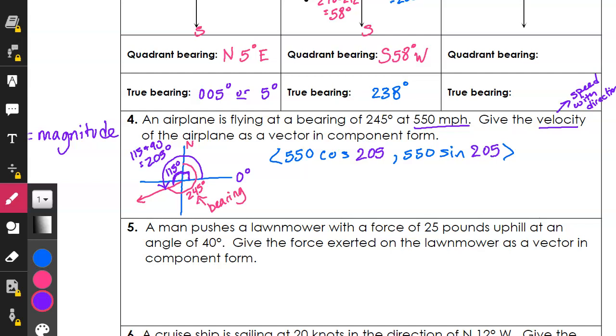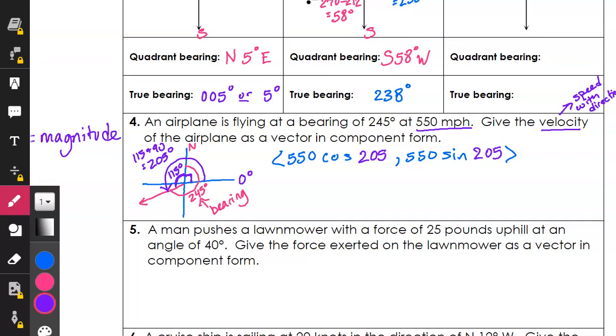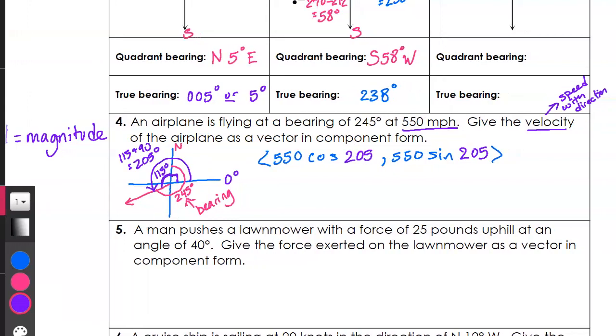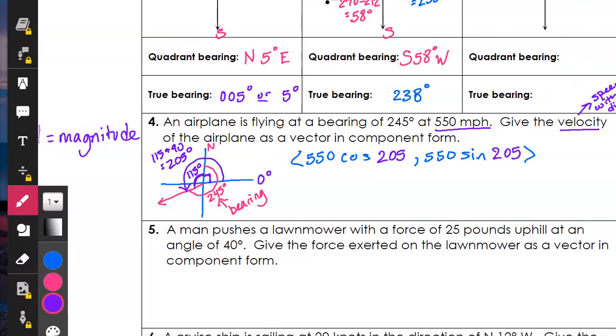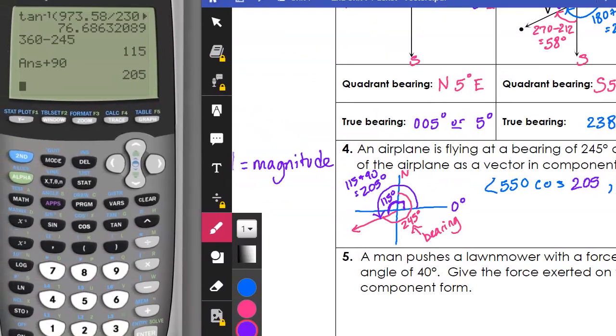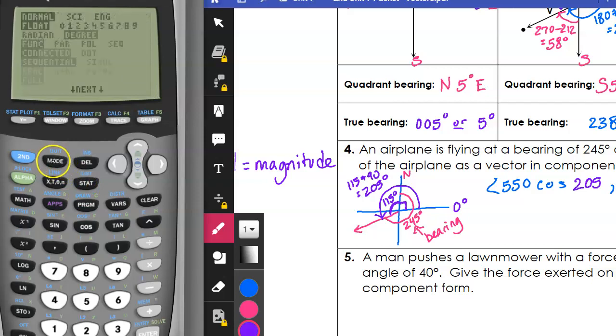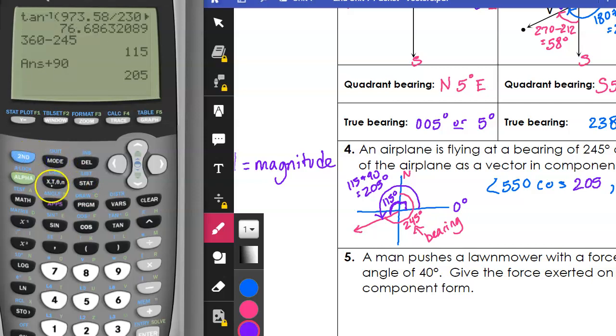So now I can pull out my calculator. Make sure it's in degree mode, which it is.